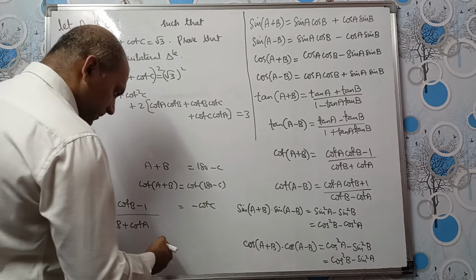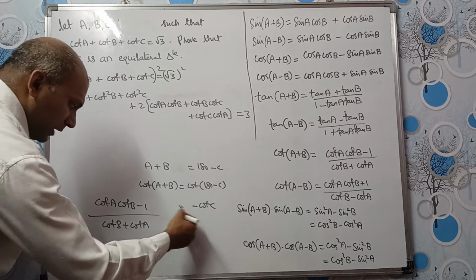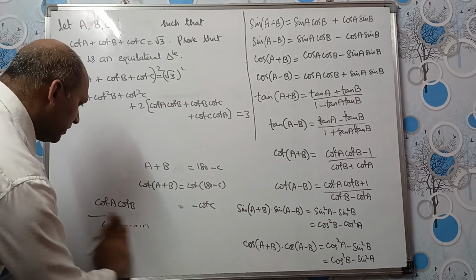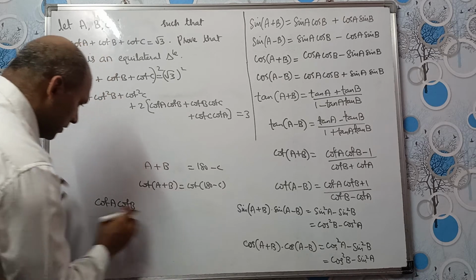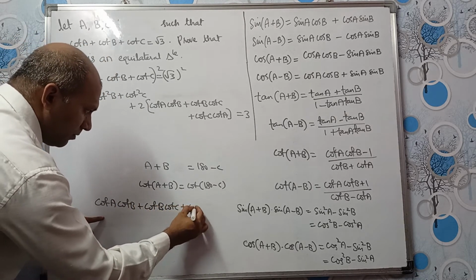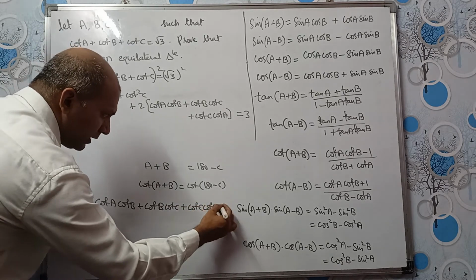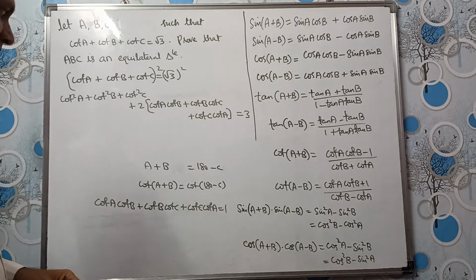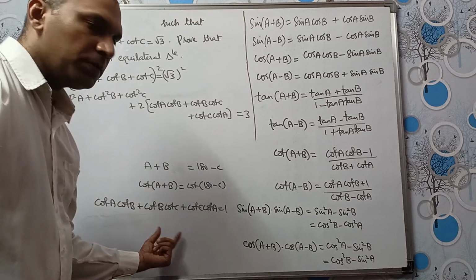We simplified this in the previous problem, and this goes on the other side. What did we get? We got cot A cot B plus cot B cot C plus cot C cot A is equal to 1, isn't it? We got the same thing in the previous problem.